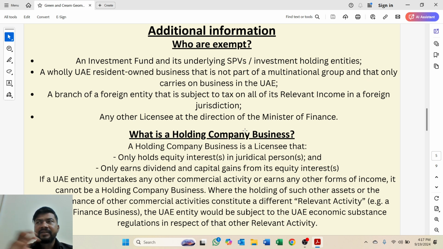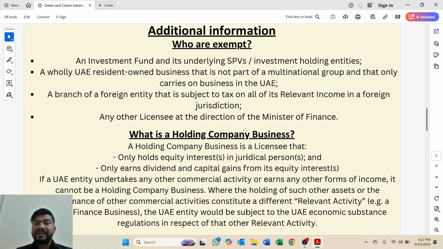Whatever capital they have, they buy shares and hold them for 1 year, 2 years, 3 years. Their only intention is to earn dividends and the capital gain at the end of the holding period. In that case, this company will be considered to be in holding company business.